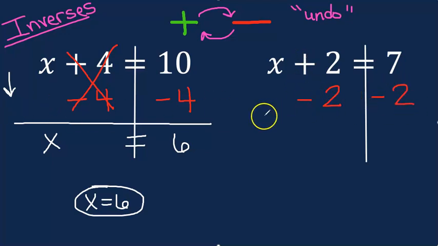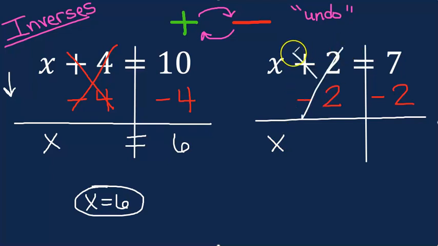That's going to mean subtracting 2 on both sides. X plus nothing is x. 2 minus 2 becomes 0. The equal sign stays where it is, and 7 minus 2 is 5, just like this.